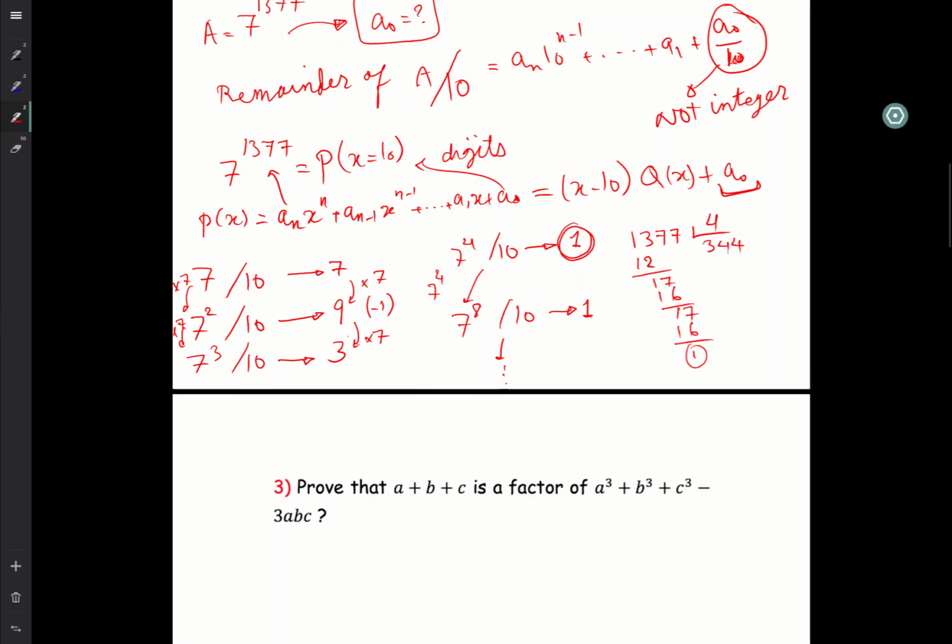So I'll go all the way to 7 to the 4 to the 344 divided by 10. This also has remainder 1. And then multiply by 7 again. I realize that 7 to the 1377 divided by 10 has remainder 7.